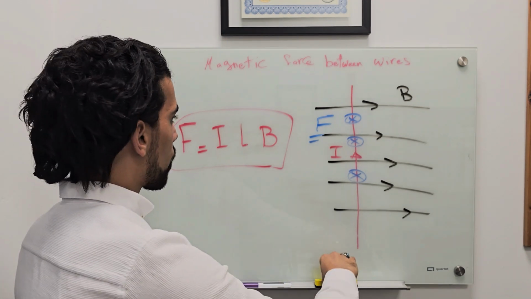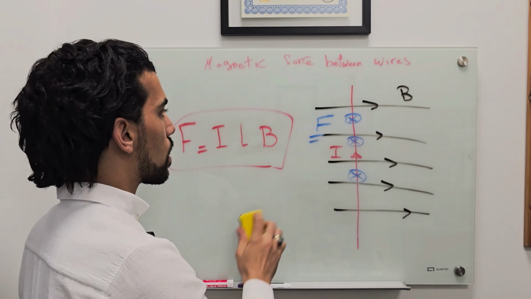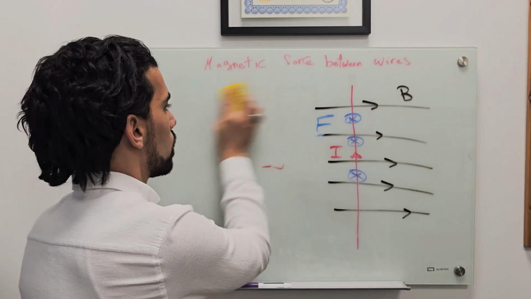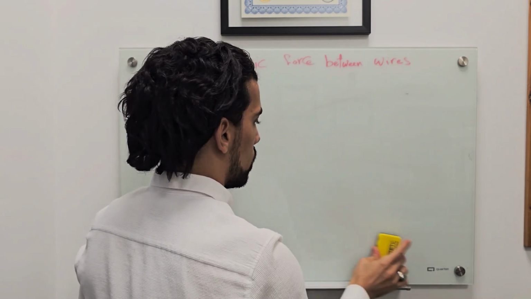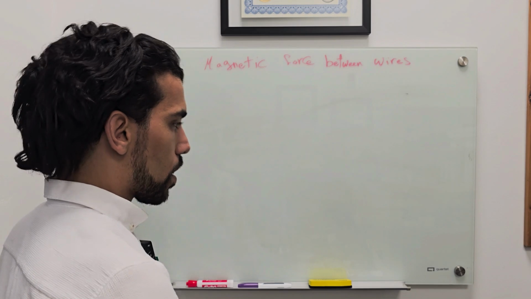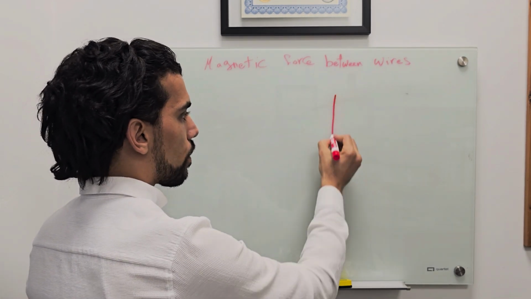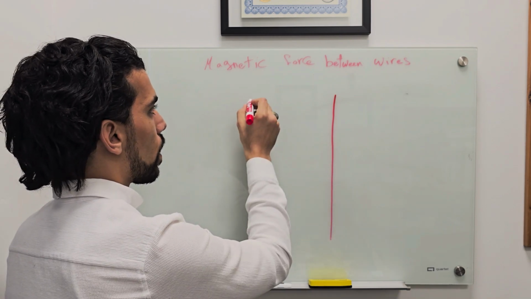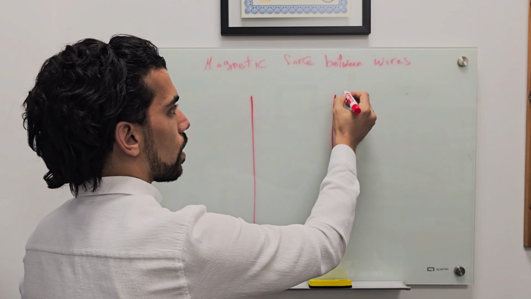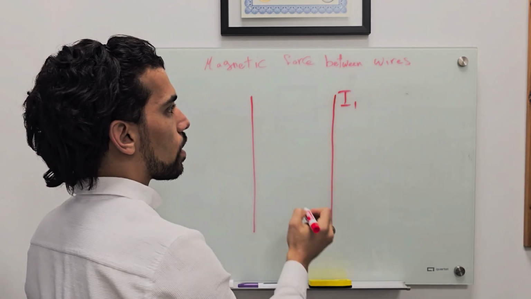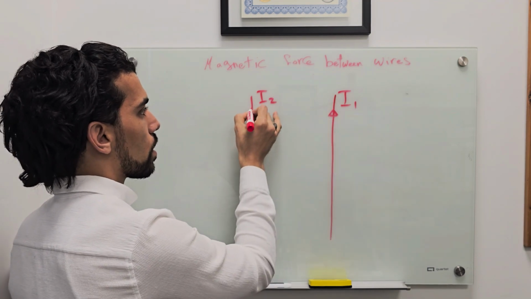So from the force created on a wire inside a magnetic field, let's see the force created between two wires, and both of them have current. So basically you have this wire and this is another wire. Let's say this one holds current I1 and this one I2, in this direction and in this direction.